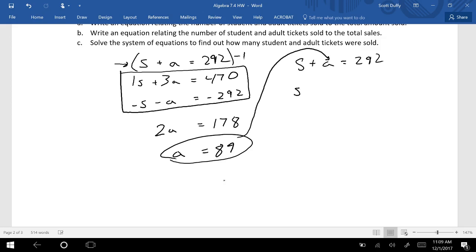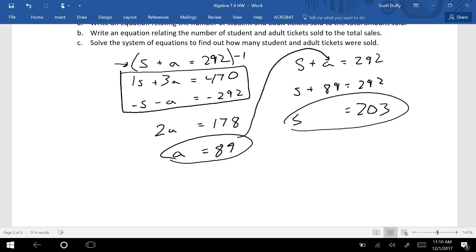So the unknown student amount plus 89 equals 292. Subtract 89 from both sides, and you get the number of student tickets being 203 tickets.